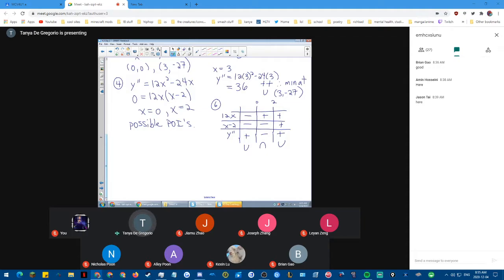So what can I conclude then? Do I have any points of inflection? 0 and 2. Yeah, I have 2, don't I? Because the concavity is changing, I know that I have 2 points of inflection. So therefore, I have points of inflection at x equals 0, or let's just put it in, 0, 0, and 2 comma, sub it in, what's the value?